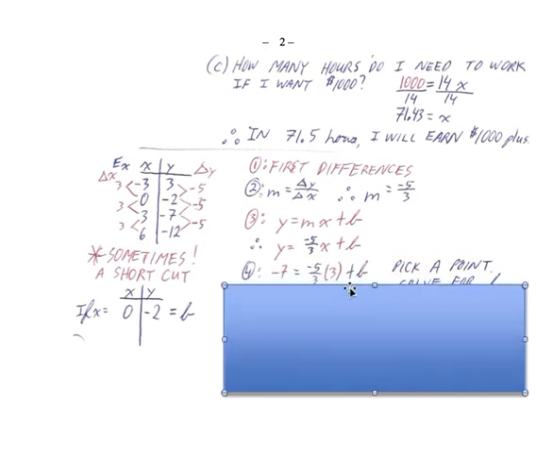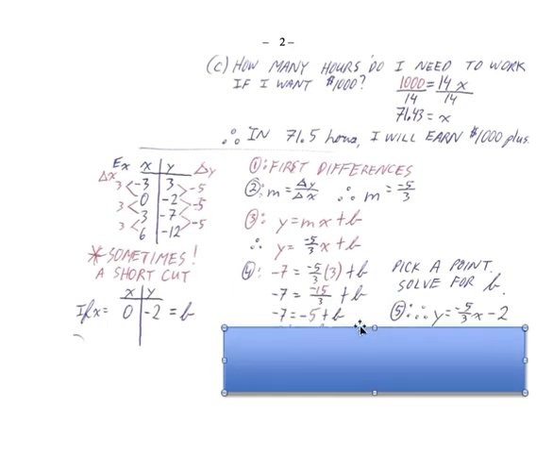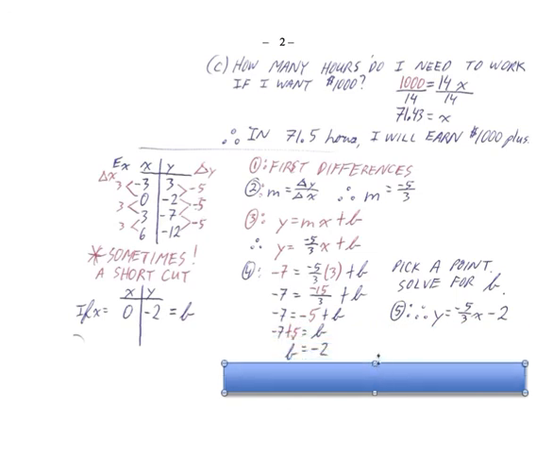I substituted in 3 comma negative 7, which gave me negative 15 over 3, which gave me negative 5 so far. To get the b factor, I had to kick the negative 5 to the other side. Negative 7 plus 5 is my b factor of negative 2. This now gives me the equation.